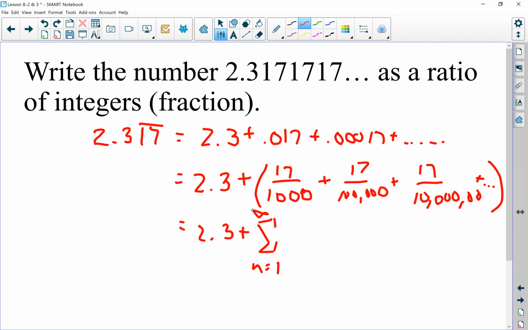Yeah, 1 over 100. So we start, actually, I'm going to write this a little bit, I'm going to say 0. We start with 17 over 1,000, and we multiply by 1 over 100 to the power of n.